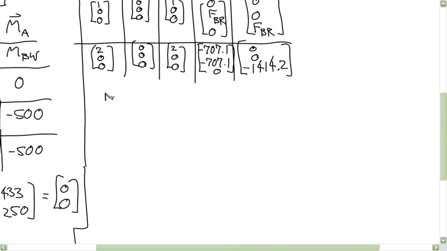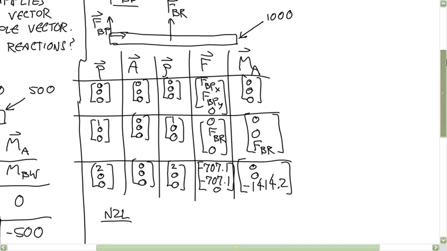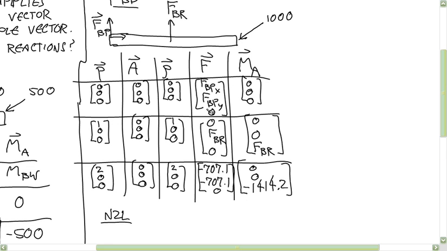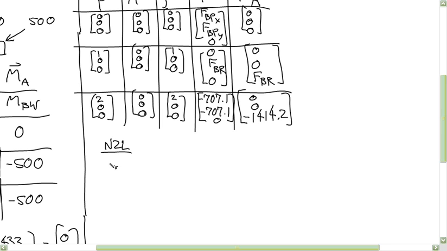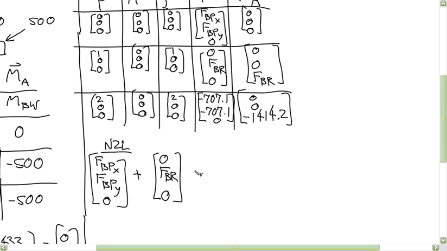All right, so now Newton's laws. First, we're just going to go straight down and add up the forces. So we have FBPX, FBPY, 0, plus 0, FBR, 0, plus negative 707.1, negative 707.1, 0, equals all zeros.